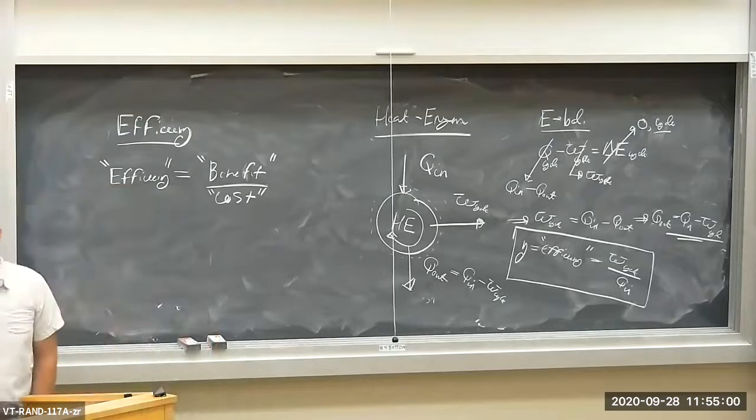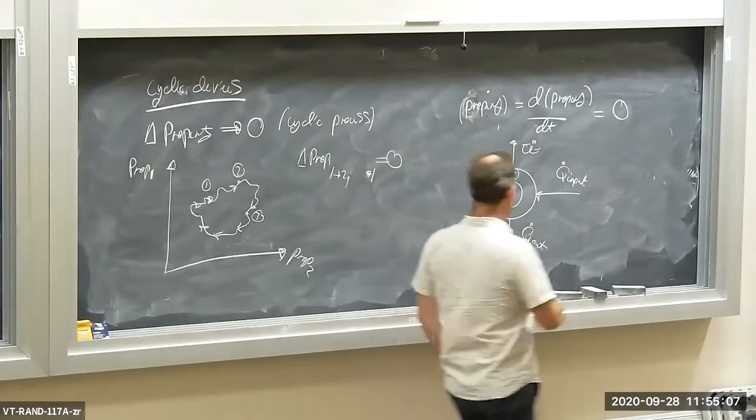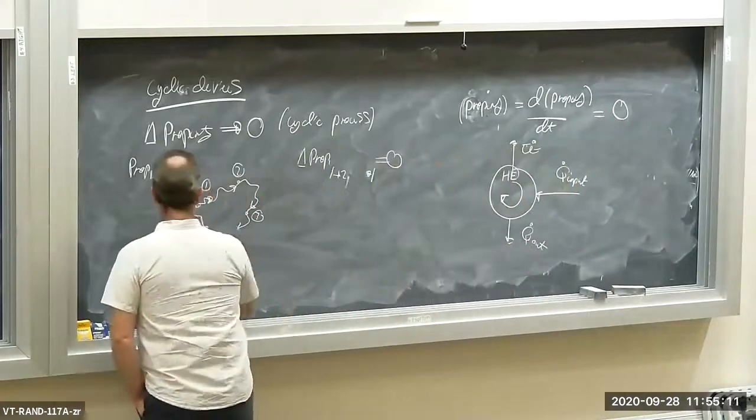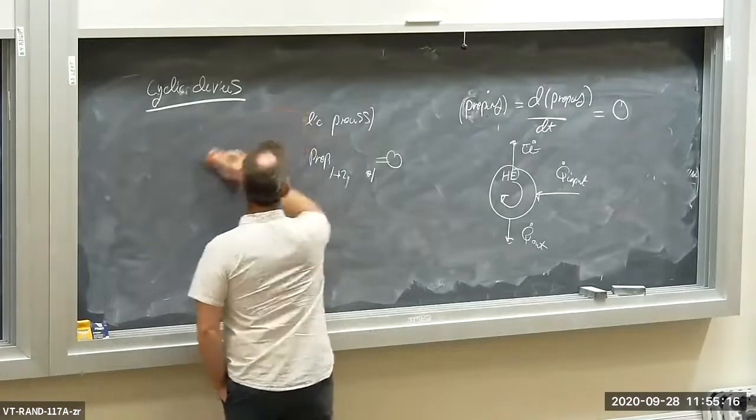Let's look at another device. Let's say instead of producing work as being the benefit, instead of producing work, we're more interested in a device which transfers heat.